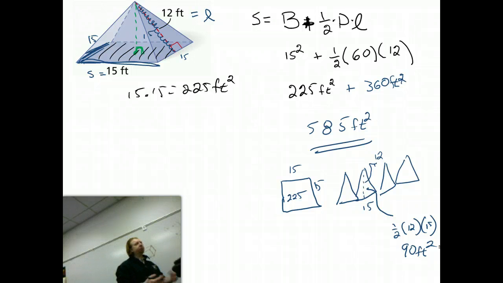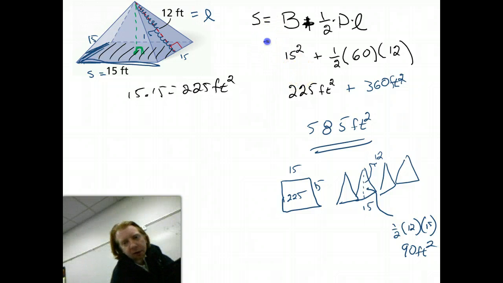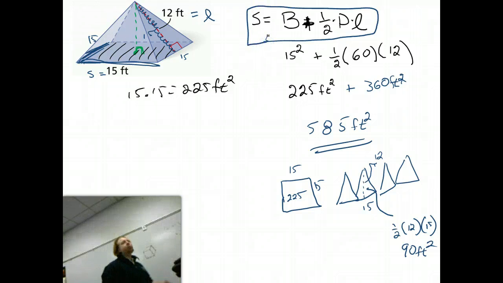So 4 times 90 puts me at 360. So the overall area is 225 for the base, plus 360 for those 4 triangles. And either strategy still gets you to the same point. Whichever one you like better. So if you don't want to try to memorize a new formula that covers surface area of a pyramid, you can still fall back on, I'll just break it down to pieces and add all the pieces up. It's a matter of what you're more comfortable with.